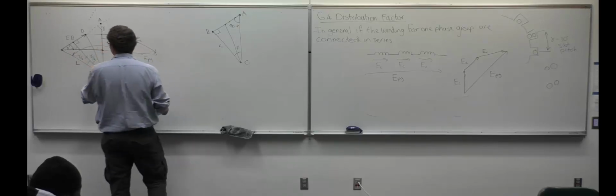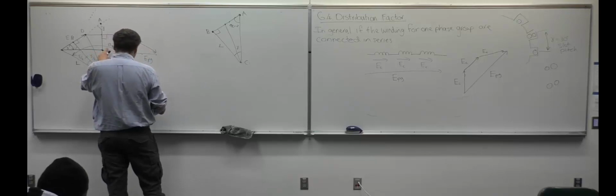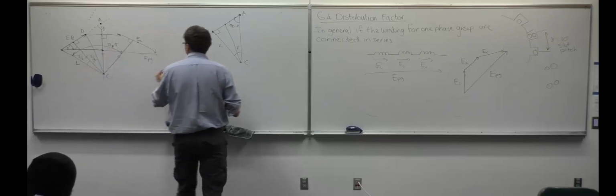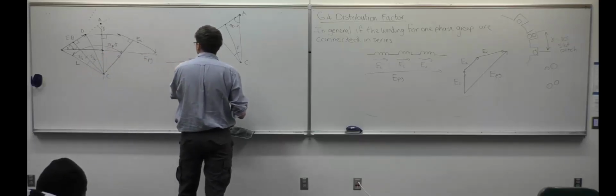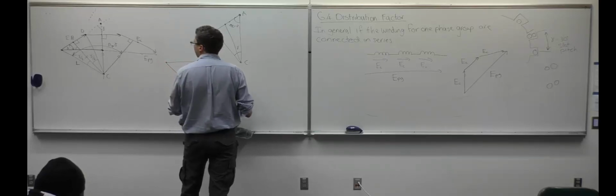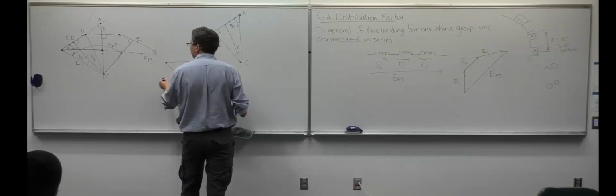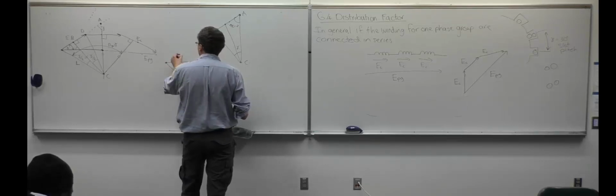So half of that is NP alpha over 2. I'm going to make a handout of this. I'm pretty sure I've confused you.